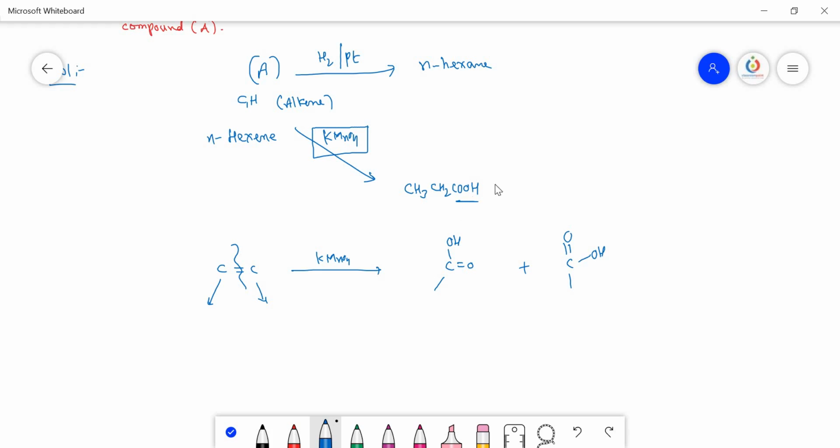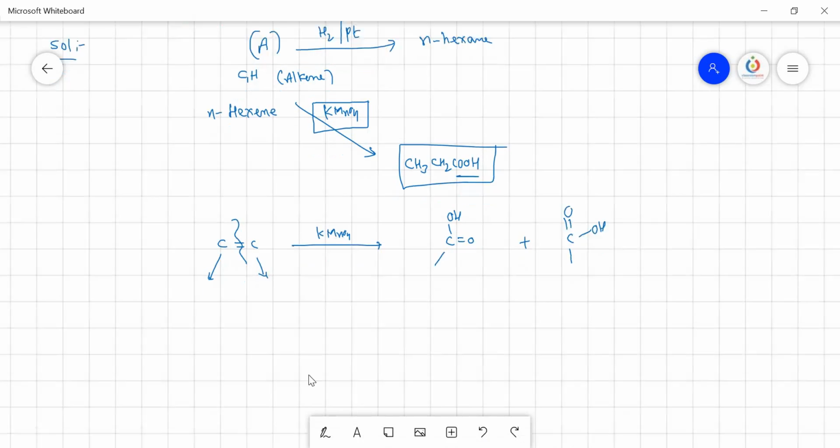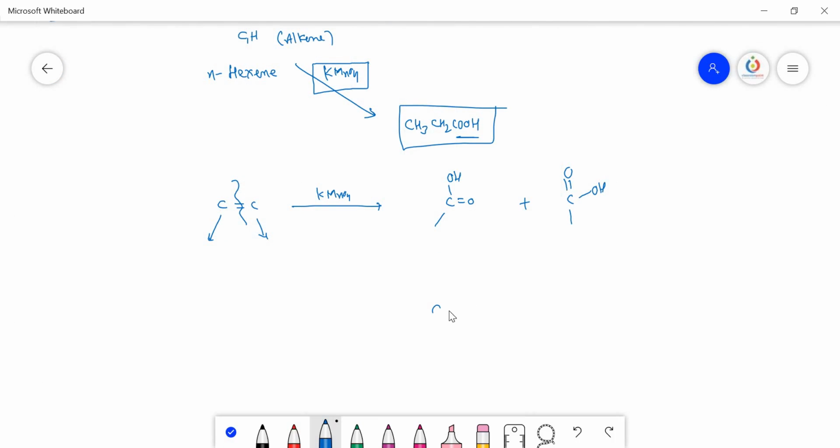Carboxylic acids means you have to take 2 of these molecules. So 2 of these molecules means here CH3, CH2, C double bond O, OH plus, because it is giving only one type of carboxylic acid, 2 molecules can easily exist: HO, C double bond O, CH2 and CH3.